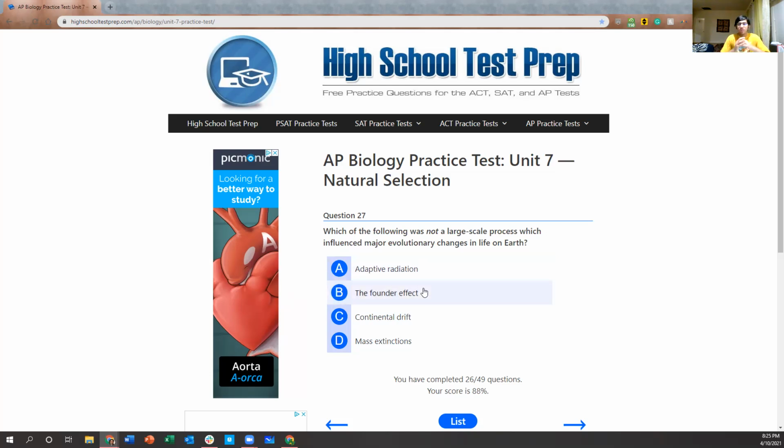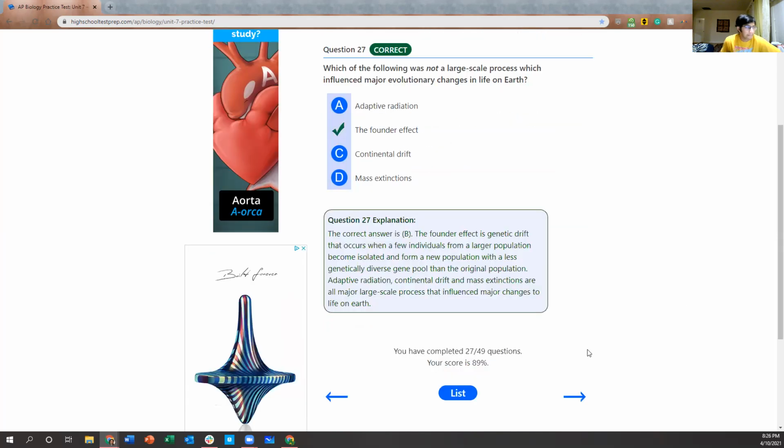We talked about it in class, but that's where organisms like species will adapt to fit different ecological niches. They will adapt to fill in those roles in the ecosystem so that you have a stable ecosystem. So that does seem like a large-scale event. The founder effect doesn't seem like a large-scale process because that happens with small populations, right? And that's genetic drift. Yeah.